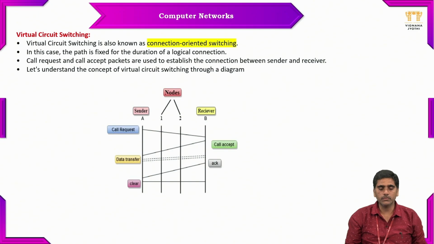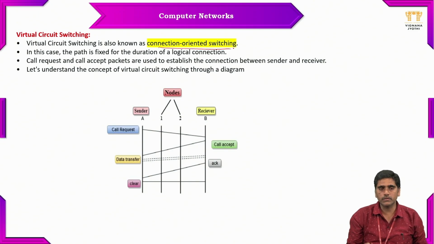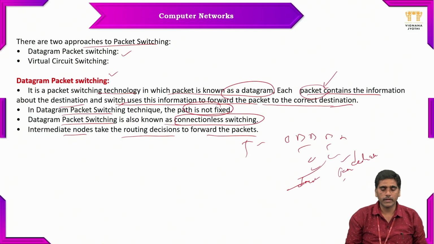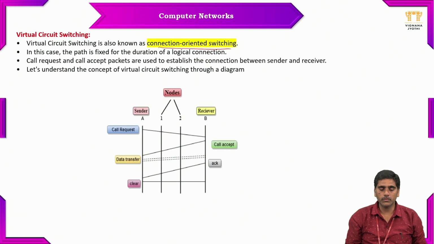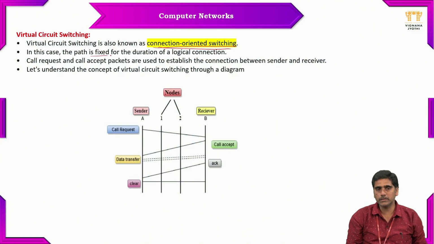Virtual circuit switching is also known as connection oriented switching. Datagram packet switching is the connectionless switching, and virtual circuit switching is called connection oriented switching. In this case, the path is fixed for the duration of the logical connection.